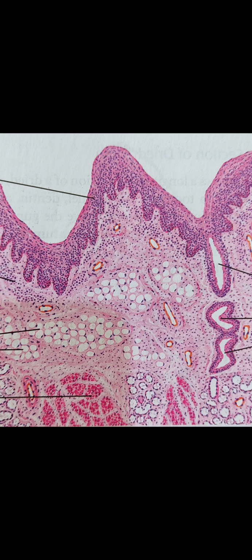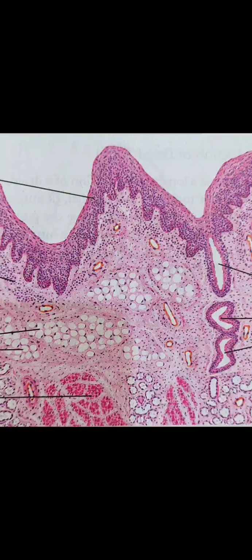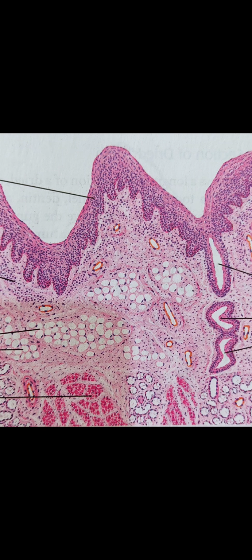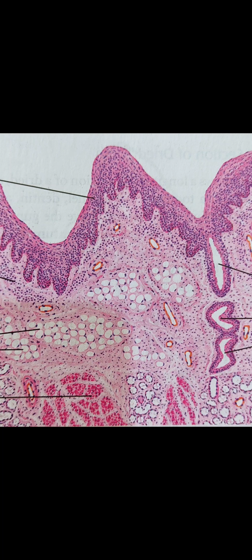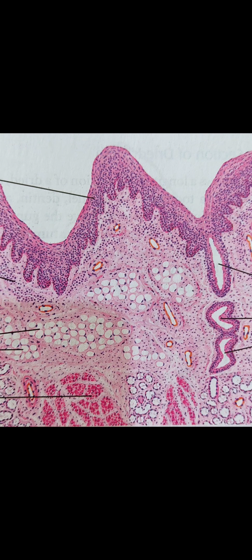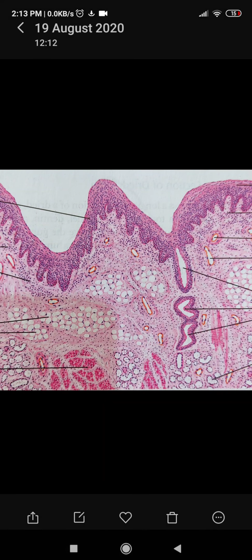Deep in the connective tissue of the lamina propria and between interlacing skeletal muscle fibers are found the mucous acini of posterior lingual glands. Their excretory ducts open onto the surface of the tongue, and they provide lubrication for the passing bolus of food. So these are the glands which are opening up on the surface.